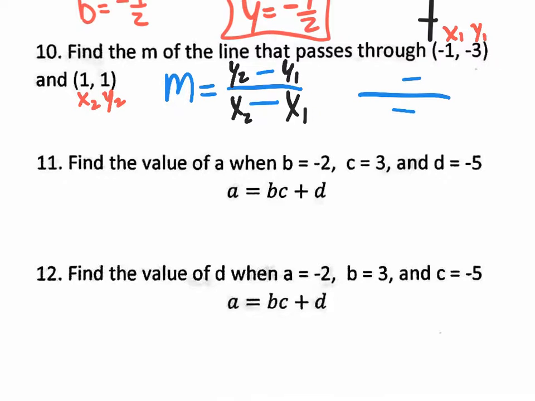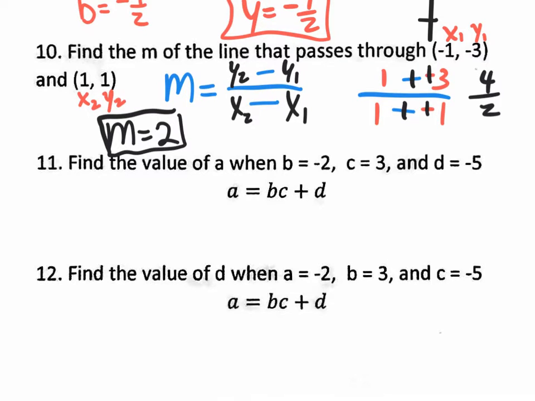And now let's plug in our actual y2 value, which is 1, our y1 value, which is -3, our x2 value, which is 1, and our x1 value, which is -1. And we do it this way so we could clearly see the minuses changing to plus. So we end up with 4 over 2. So our slope is really what? 2. 4 divided by 2 is 2.